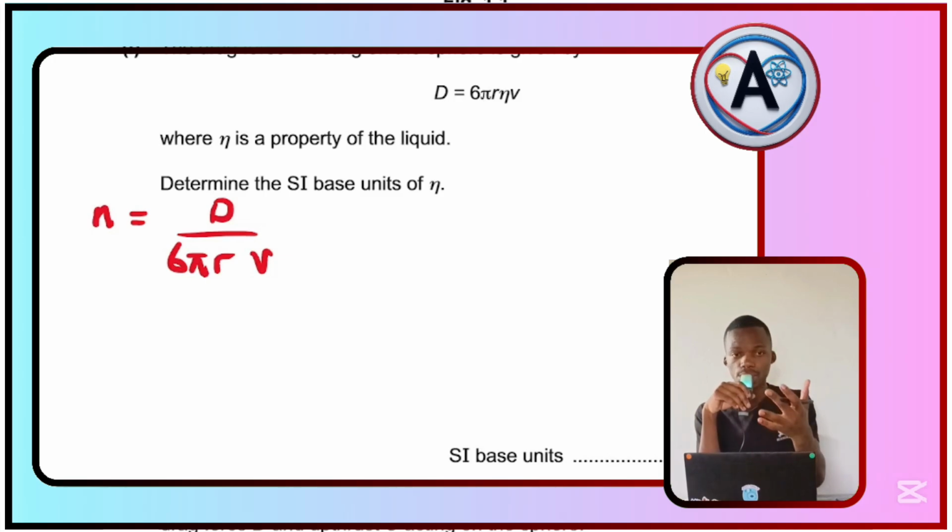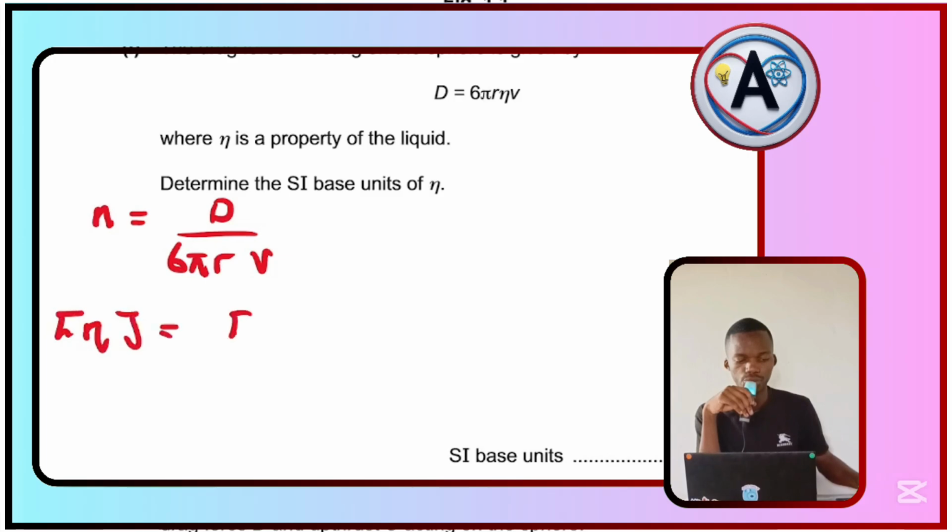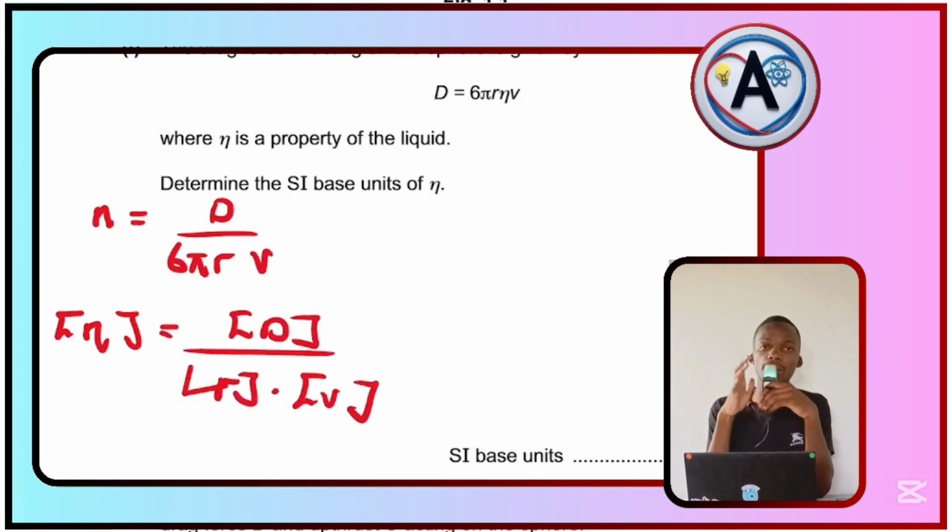So the base units, so you put those little square brackets that show that I want to find the units, will be equal to the units of D divided by the units of R multiplied by the units of V. That's basically how you can find the units of that particular constant itself.